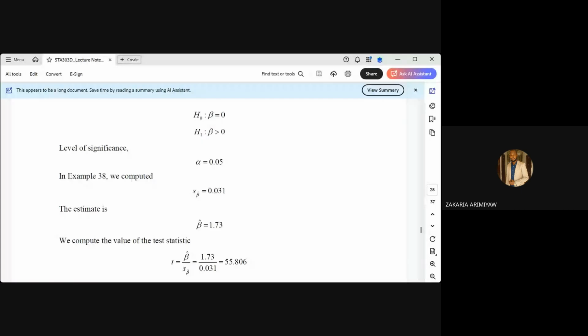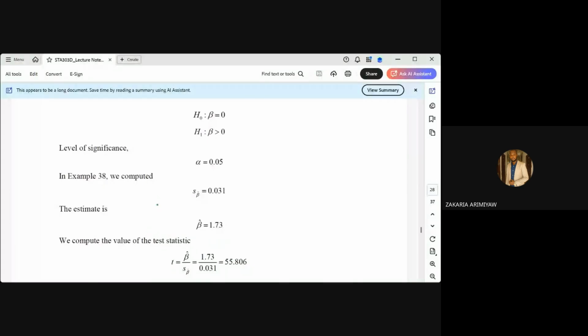The level of significance is 0.05. In the previous examples, we calculated the standard error of beta cap. If you don't have that value, you have to go through the procedure to calculate it. But in this example, because we have already dealt with it, we have the value. In the estimated regression, we are given the value for beta cap. So we make use of it in our calculation.